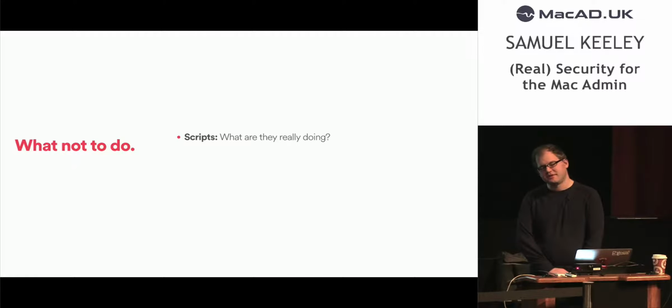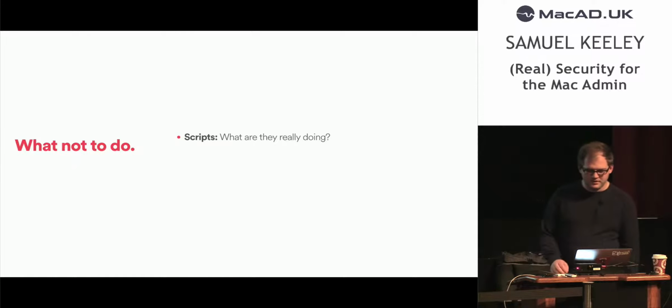I've seen scripts out there which say that this enables one type of file sharing on your Mac and it adds maybe some users to a group, but it also does a whole bunch of other stuff to a whole bunch of other services. So you're like, hey, cool, this script is great, and it did what I expected it to do, but it also left a whole bunch of gaping holes open on the system.